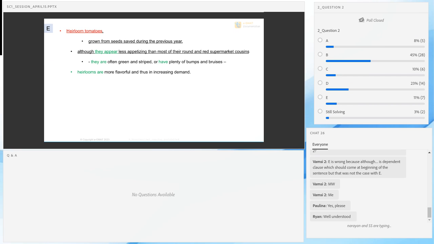The reason E is wrong is that when you create the sentence structure, you will see that heirloom tomatoes does not have a verb, because grown over here is a modifier. Everything else, this clause and this clause, they all have their subject and verbs. So heirloom tomatoes is left without any verb. Now I will share the PDF with you, so take a look at the sentence structure here.